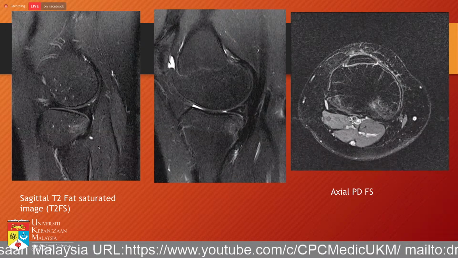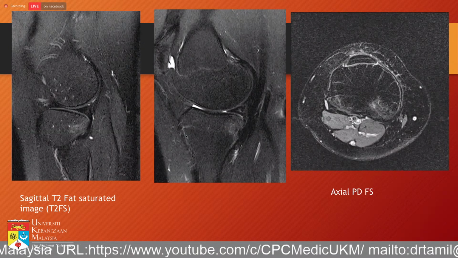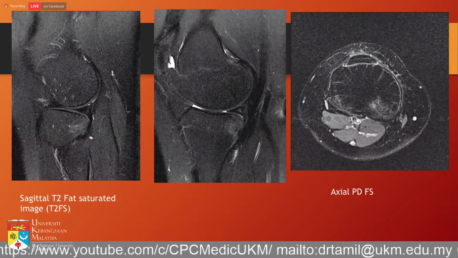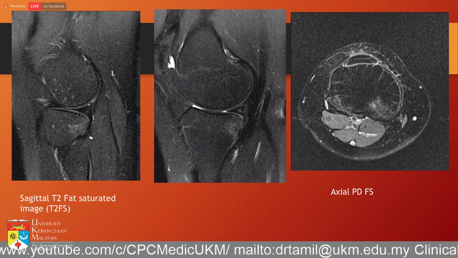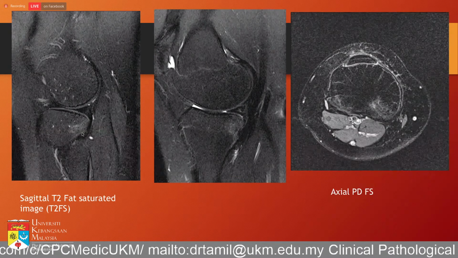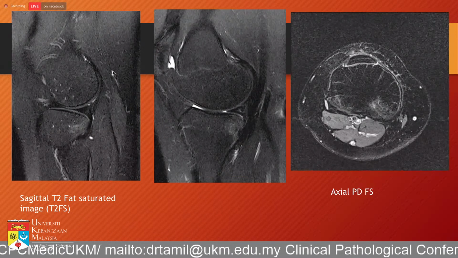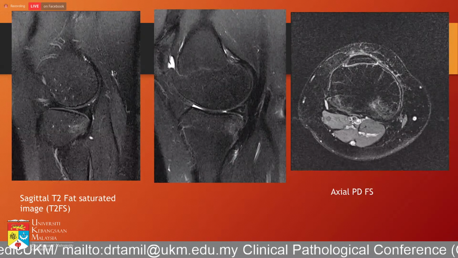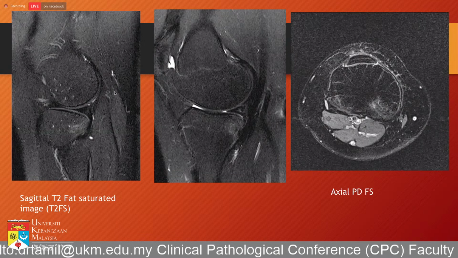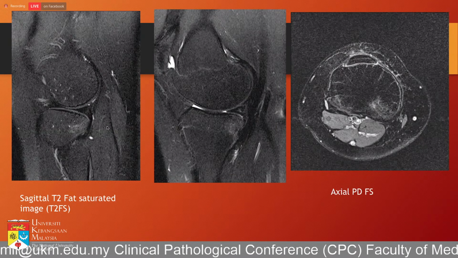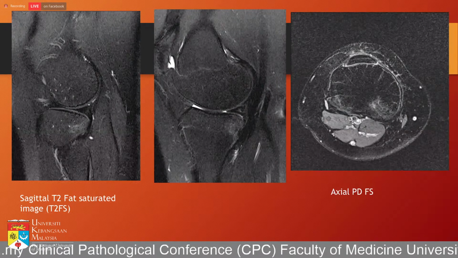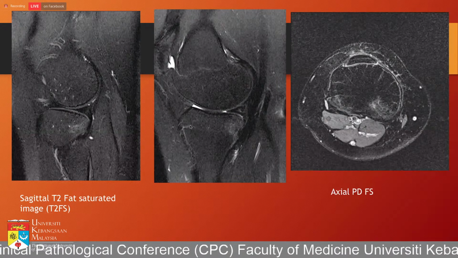I just want to orientate you on this patient. This is a sagittal view of the right knee MRI, a sagittal T2 fat saturated image. The image is really dark because we are saturating all the fat that is present, and by doing that we will see if there is any abnormal fluid in the marrow, which indicates marrow edema.